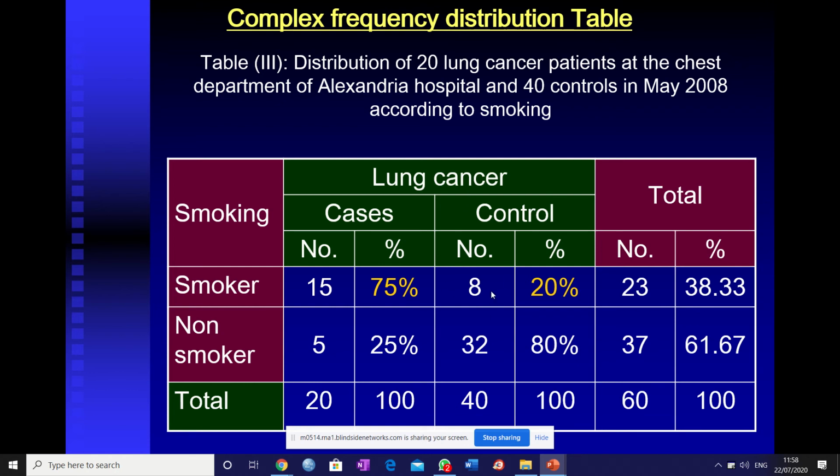Or I can ask you, what is the percentage of lung cancer cases of non-smokers? These are the cases, and this is non-smokers. If I ask percentage, you will say 25%.